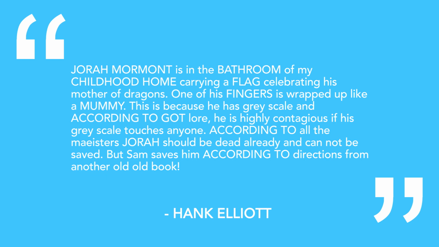One of his fingers is wrapped up like a mummy. This is because he has greyscale, and according to Game of Thrones lore, he is highly contagious if his greyscale touches anyone. According to all the maesters, Jorah should be dead already and cannot be saved. But Sam saves him according to directions from another old book.